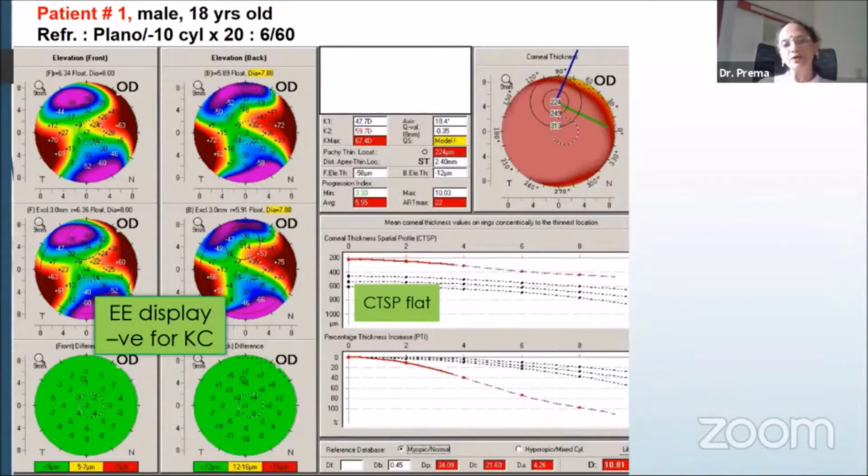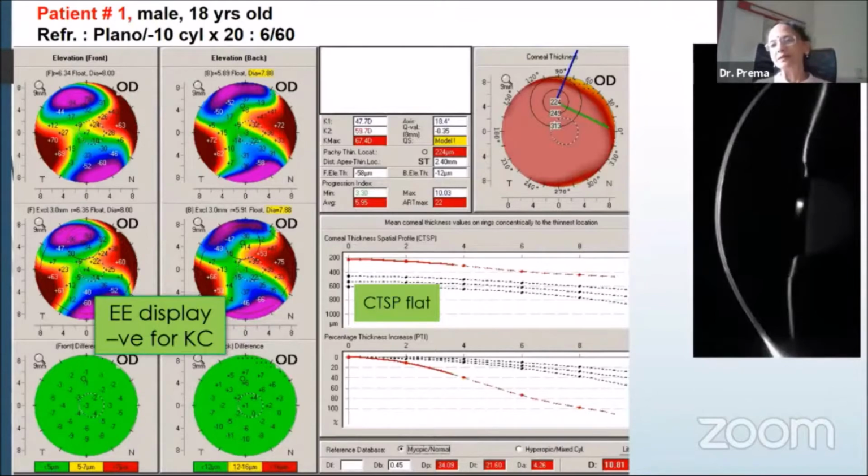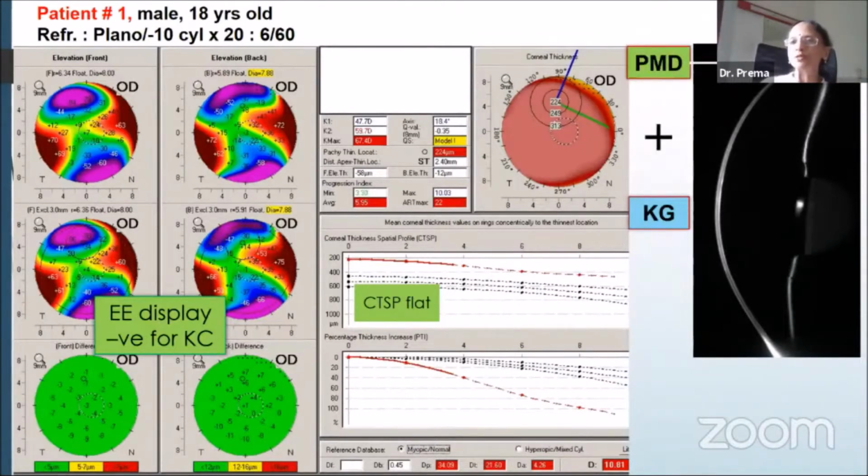If you look at the corneal thickness spatial profile, you'll find that the profile is more or less flat, again suggestive of a PMD. When you look at the Scheimpflug profile, the most obvious feature is the keratoglobus, but in the periphery, you also see a PMD.